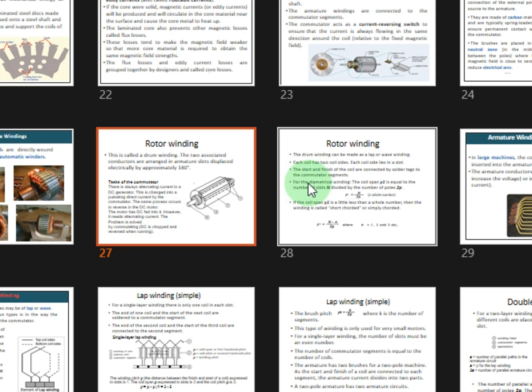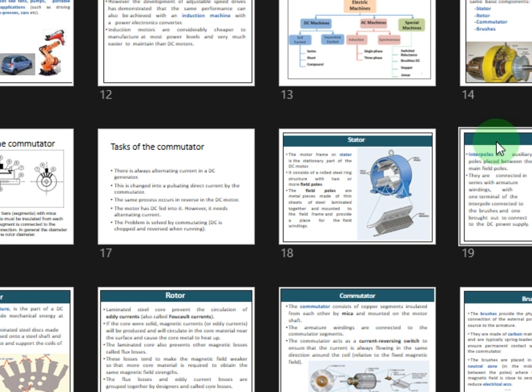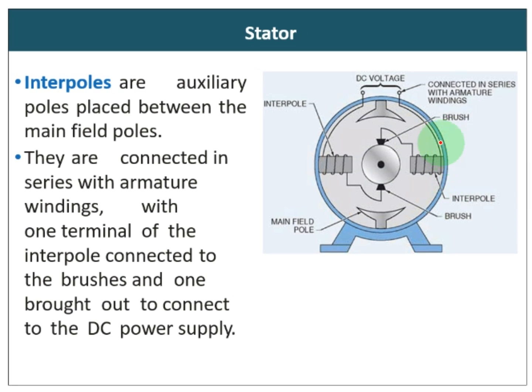Sometimes we call it the armature. Let me show you it again using this. So this is the armature, which is the rotating part, and then we have the stator, which is the stationary part, and on the stator we have field poles. These are called the field poles, which generate the magnetic field required for the DC motor.